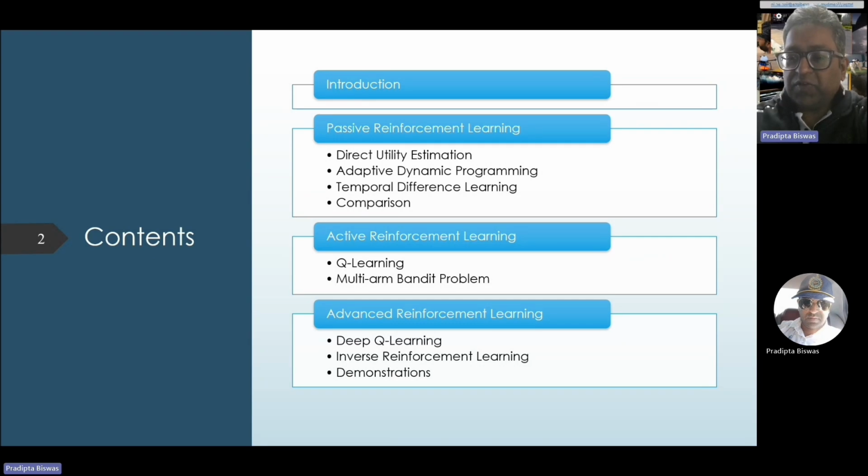Then inverse reinforcement learning: one of my PhD students, Mukund, is doing his PhD on imitation learning, so he will take a session on inverse reinforcement learning and its applications to mixed reality interfaces and human-robot handover requests. And of course, we will show you demonstrations. During that time, we will go into further detail on explaining the algorithms.